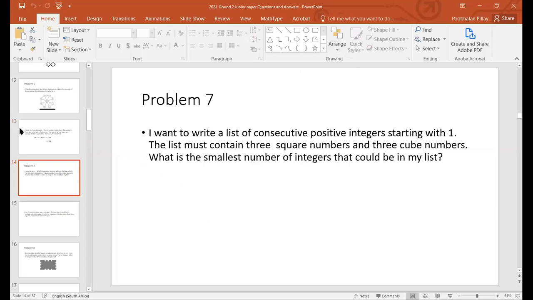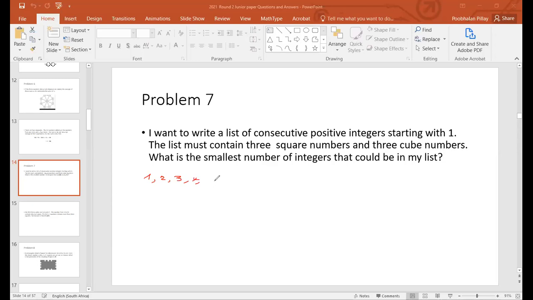Okay, I want to write a list of consecutive positive integers which are all next to each other, consecutive, starting with the 1. Okay, so I'm writing a list, starting from 1. So let's start to write the list. 1. Okay, what's the next number? They're consecutive, so the next number will have to be 2 and 3 and so on.